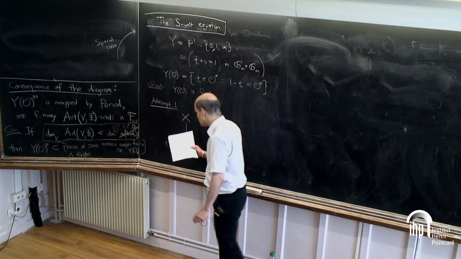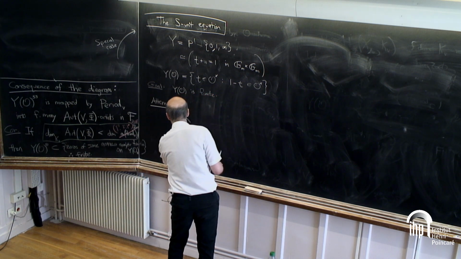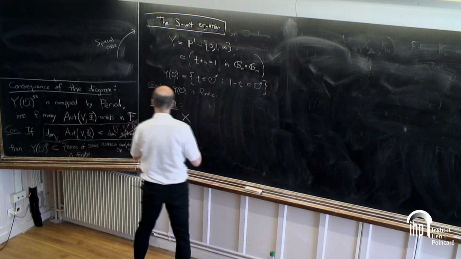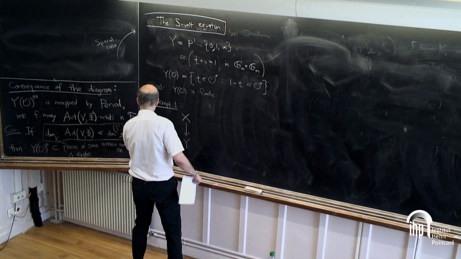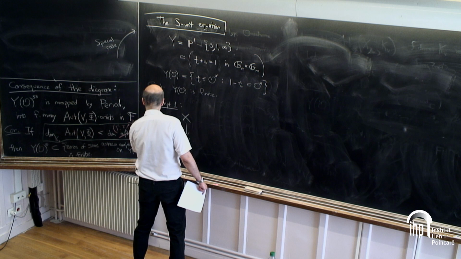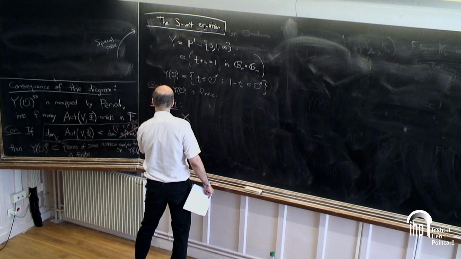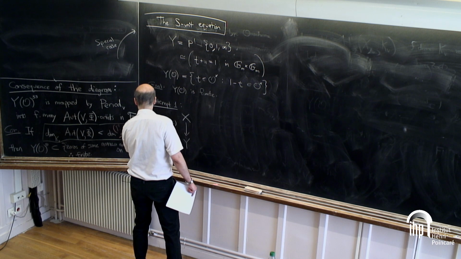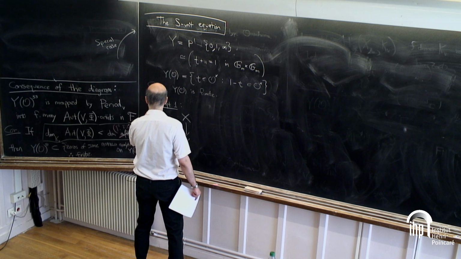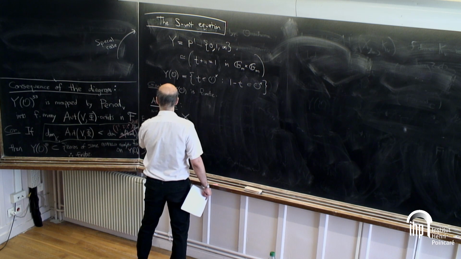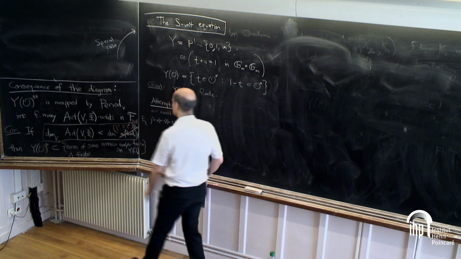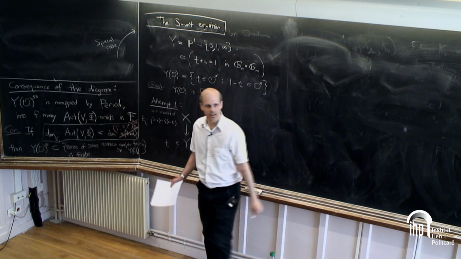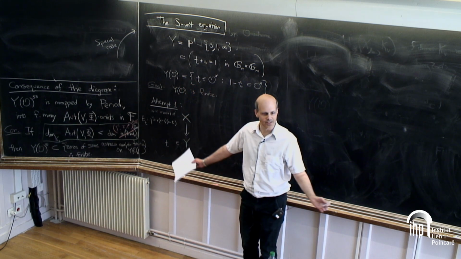For each number t in here, we take the elliptic curve given by the equation y squared equals x(x minus 1)(x minus t). I'll call that E_t. Of course, as usual with elliptic curves, I really mean you take the projective closure. So that's a nice family of elliptic curves.